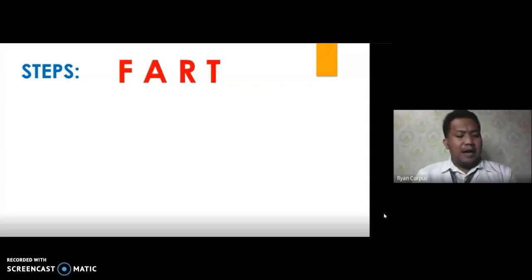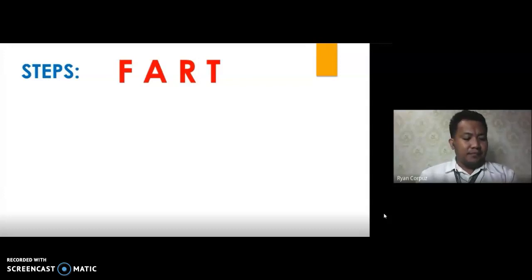Sabi dito, the average person produces 0.6 to 1.8 liters of intestinal gas. Fart is an intestinal gas. So the average person produces 0.6 up to 1.8 liters of intestinal gas.